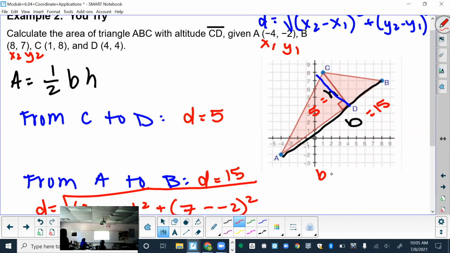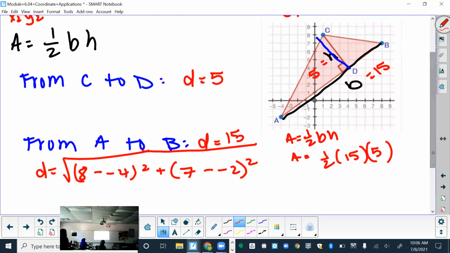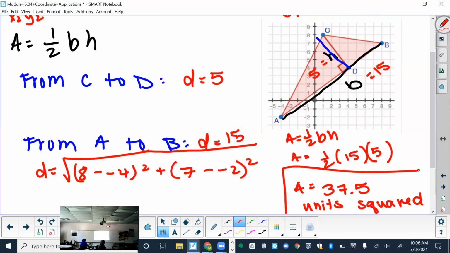So plugging it into the formula for area of a triangle, we get 1/2 times 15 times 5, which equals 37.5 units squared. All right, questions, comments?